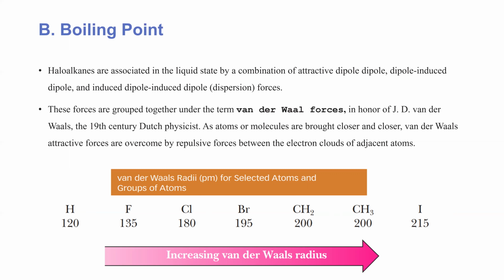So this is a distance where the attractive forces are overcoming the repulsive forces. As they come closer, they make these more polar, more electrostatically charged elements, and so there is an increase in the boiling point.